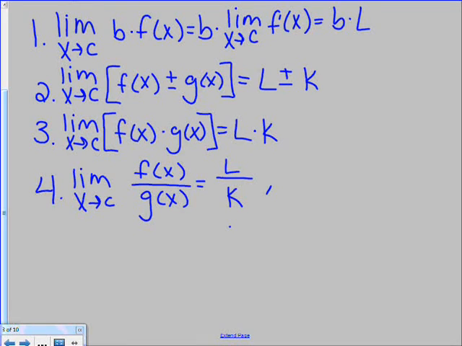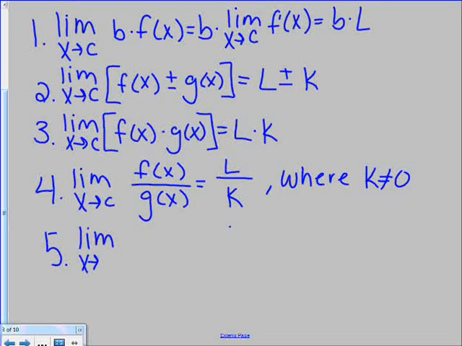But now we just have to be careful and put on this extra condition where k cannot equal 0. And that's because if we had a 0 in the bottom of our fraction, we'd get an undefined answer. We don't really like undefined in math, so we're just going to ignore that case and make sure it doesn't happen.